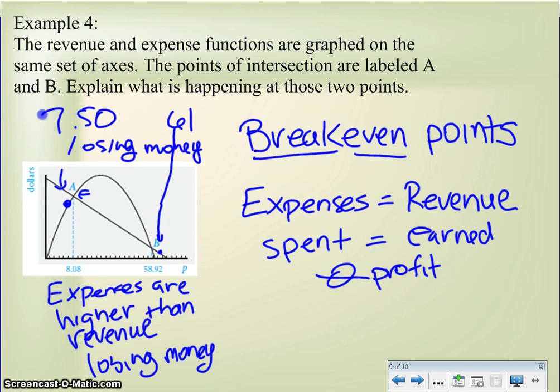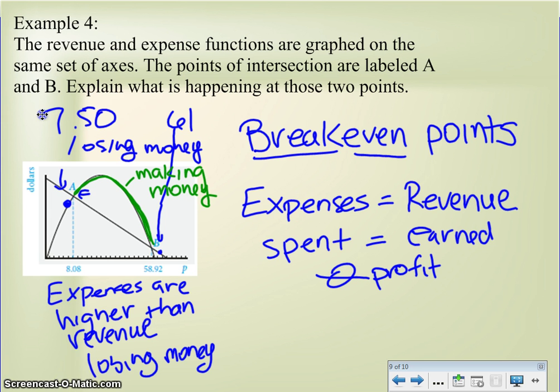So here's the thing, if we hopefully interpreted this well. From these points here, anything above that expense function, here we're making money. We're making revenue.